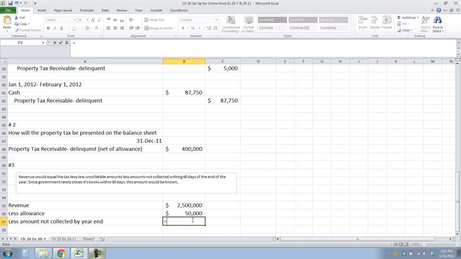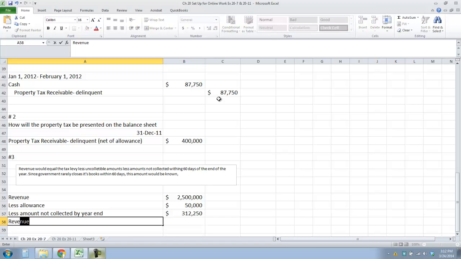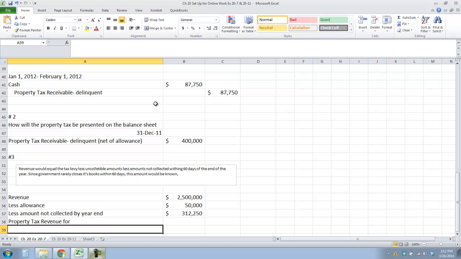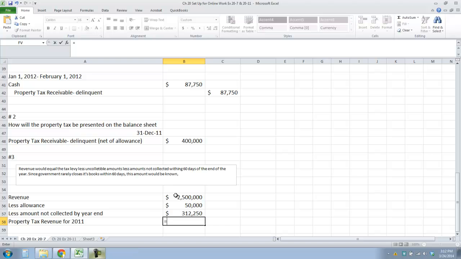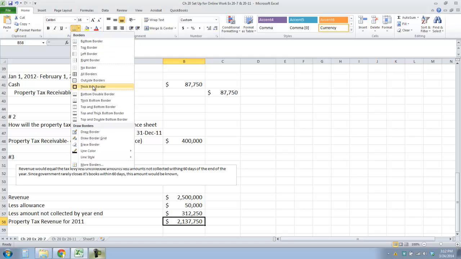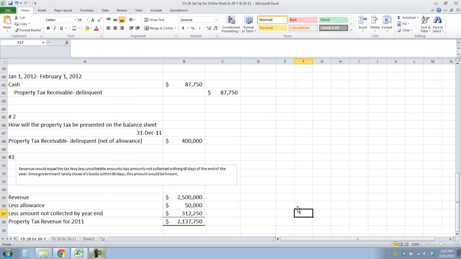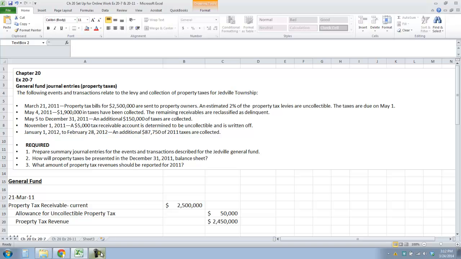And so the amount not collected by year end is our receivable minus the amount we collected by February, which is $312,250. So property tax revenue for 2011 equals this minus this minus this, or $2,137,750. And this is how you make journal entries for a property tax levy.